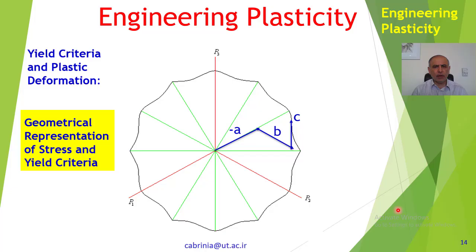That means the material is isotropic. In fact, we neglected the anisotropic effect of the material. It means that if we measure the yield strength in one direction and then in another direction, we get the same values. So the yield quantity does not depend on the direction.